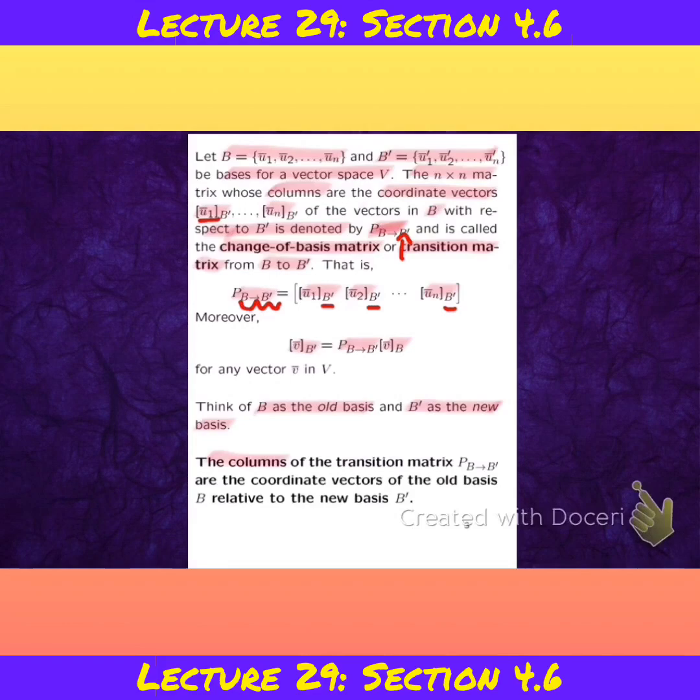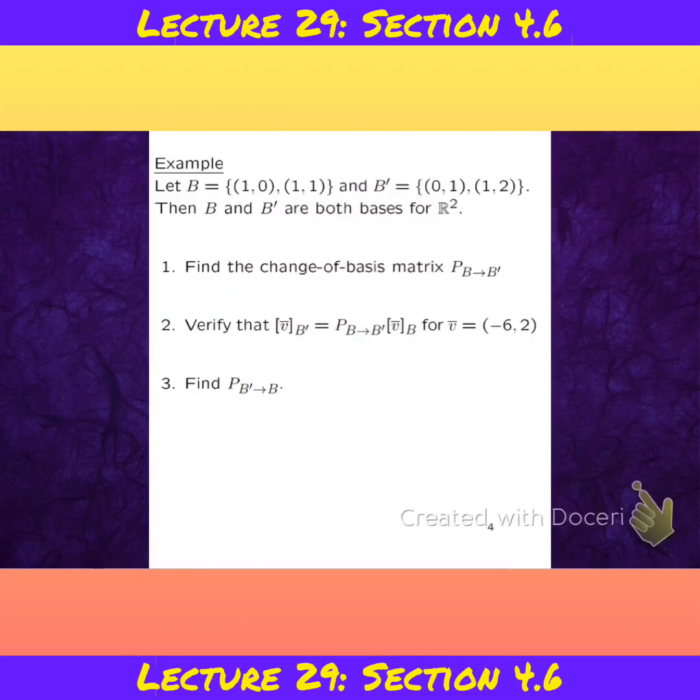So the columns of the transition matrix P are the coordinate vectors of the old basis B relative to the new basis B prime. Right, so let's look at the following example. There we're given a basis.